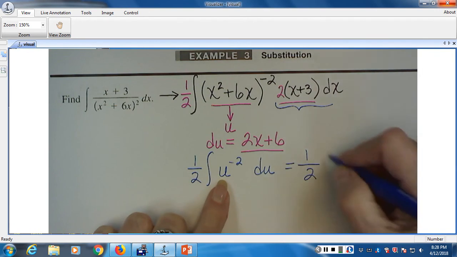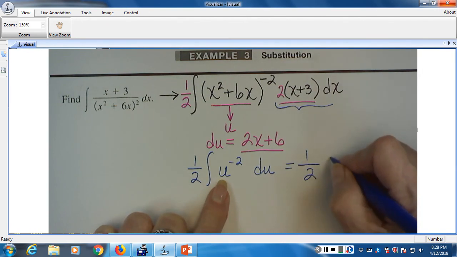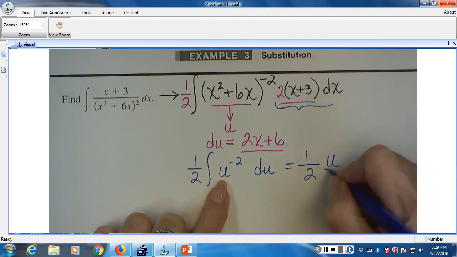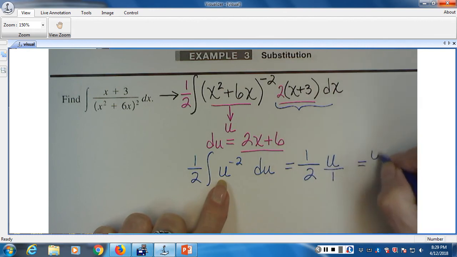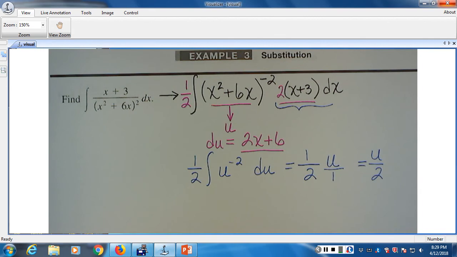U to the negative 2 is going to be u to the negative 2 plus 1, which will be just u. That's going to be divided by 1. So 1 times u is going to be u, and 2 times 1 is going to be 2. It's going to be u over 2, or 1/2 u if you wanted to keep it that way, but u over 2 might be easier to deal with. And of course, we have to add the constant to it.